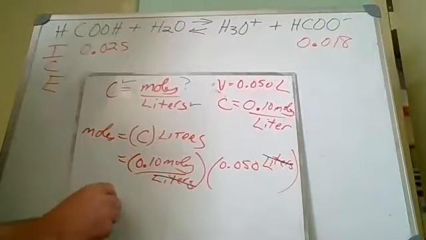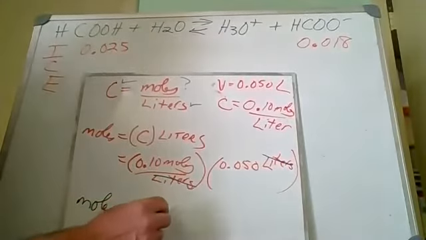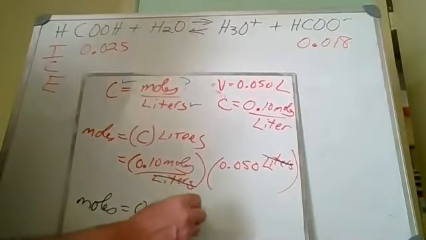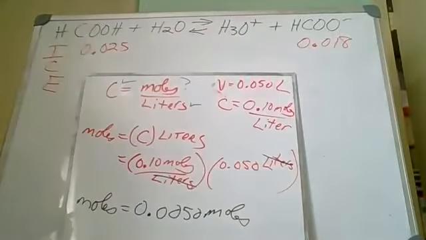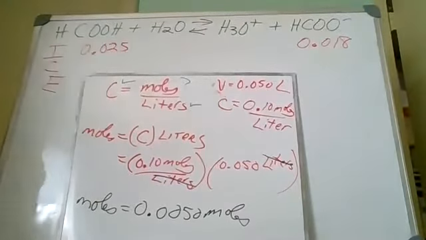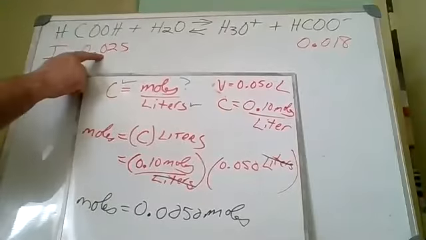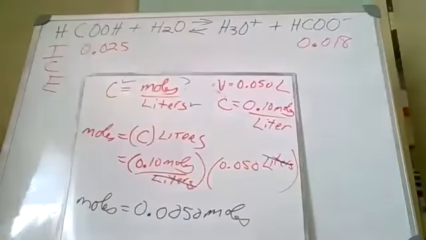Moles equals 0.0050 moles. So that's the number of moles of hydroxide. That's how many moles of this that we're going to lose, and we're going to gain this many moles of formate anion.